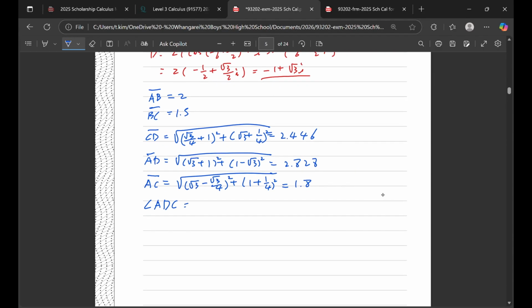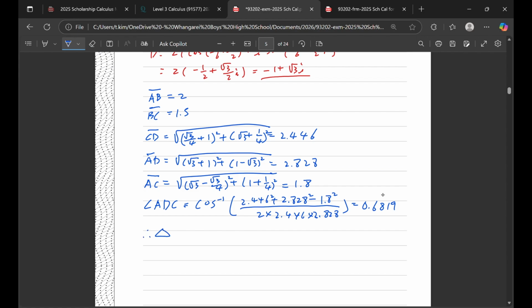So angle ADC, use inverse cosine rule, which is cosine inverse of (2.446 squared plus 2.828 squared minus 1.8 squared) over (2 times 2.446 times 2.828). That gives me 0.6819 radians.